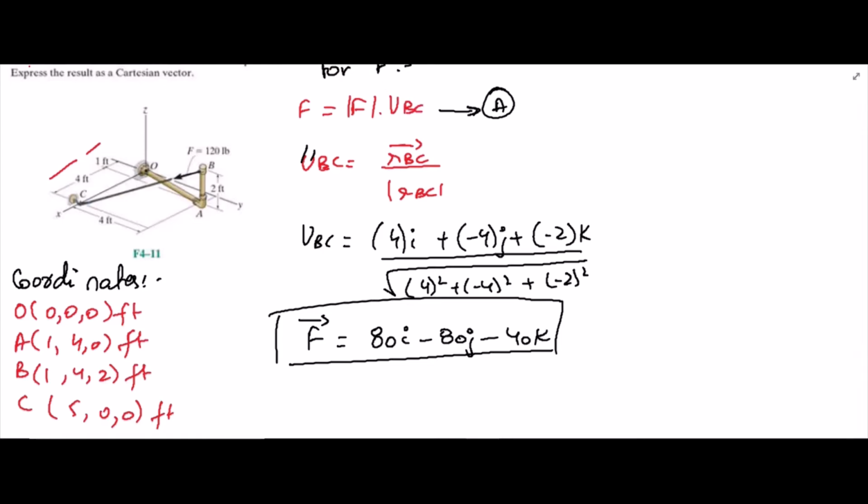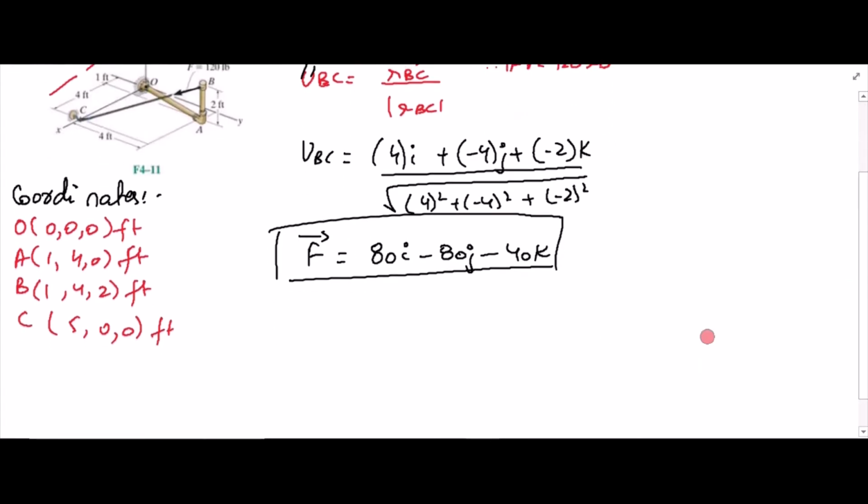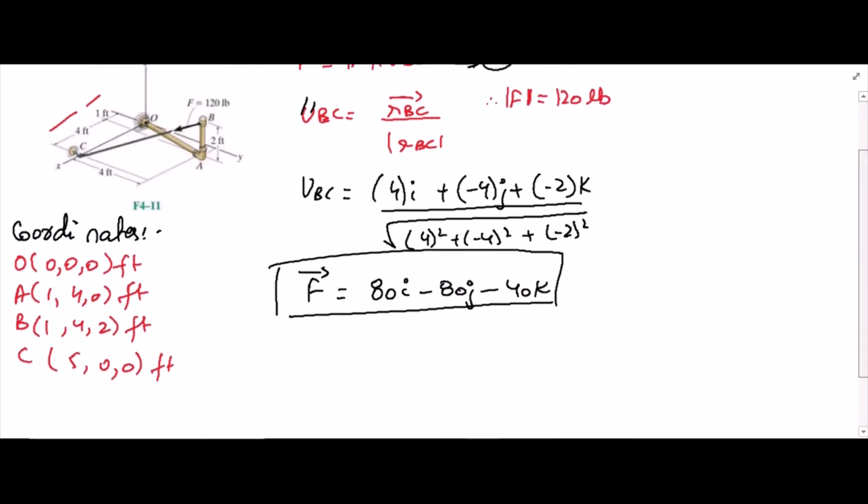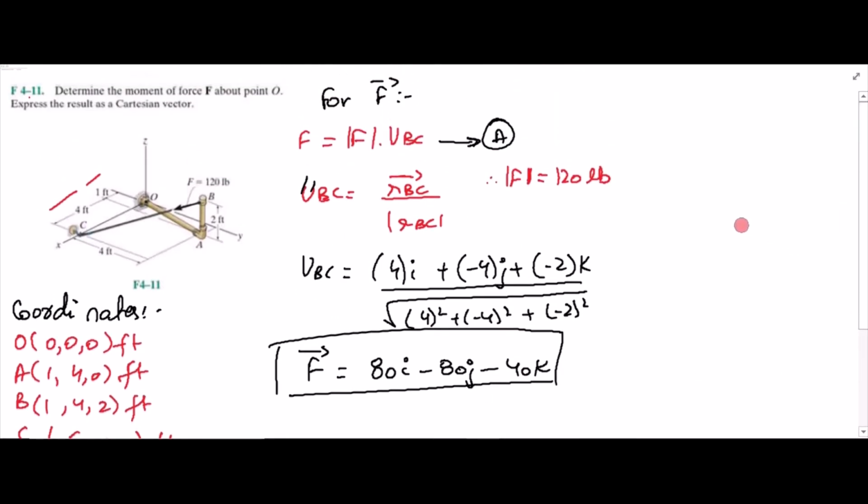I forgot to mention here that the magnitude of force F is 120 lb. So we have resolved the force, but for the moment we have to find the moment arm.